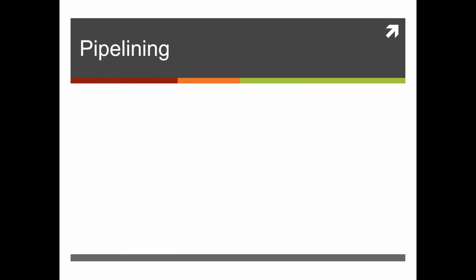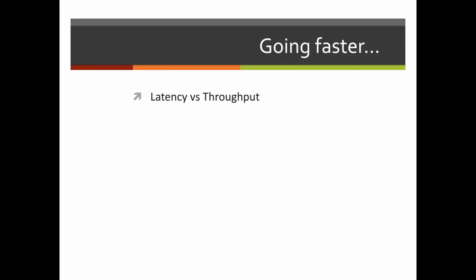So in order to consider this, let's think about some other aspects. We've talked about latency and throughput, where we consider that latency relates to the cycles per instruction, where each instruction takes a certain amount of time to complete or to execute. So let's also consider the amount of time between when the instruction is issued and when it's complete.